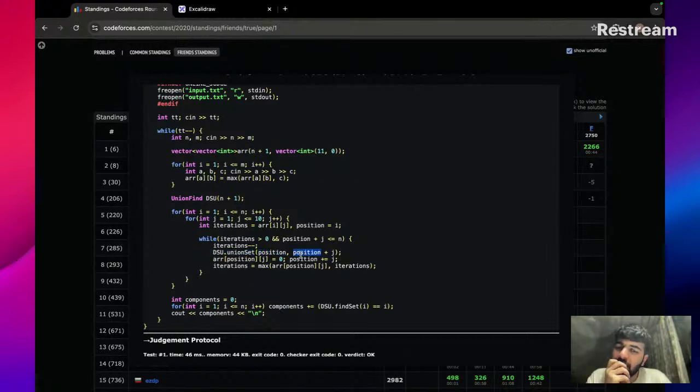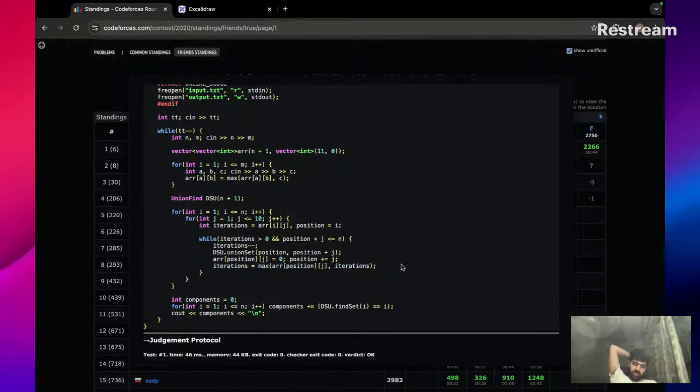DSU dot union set position I and J. ARR of position of J is equal to 0. Plus equals J. Iterations is equal to max.